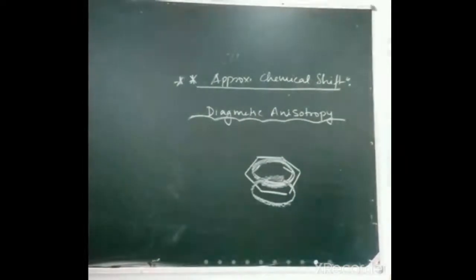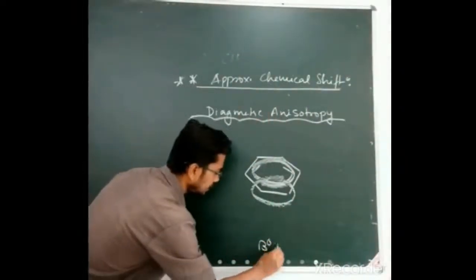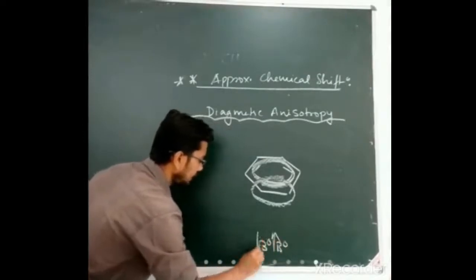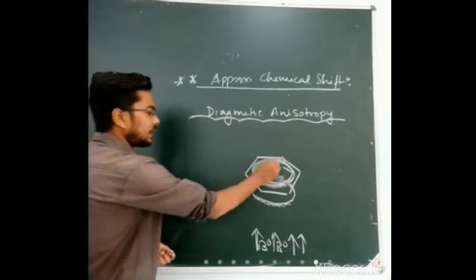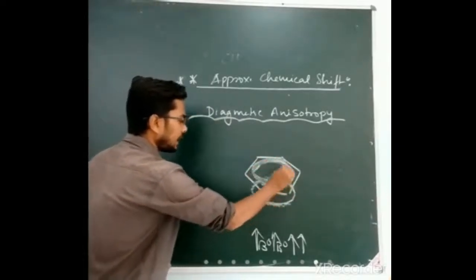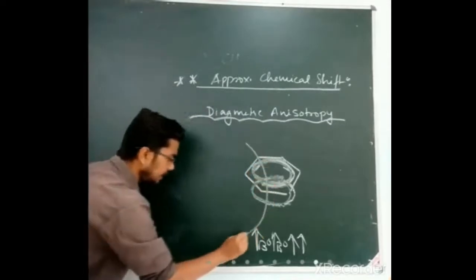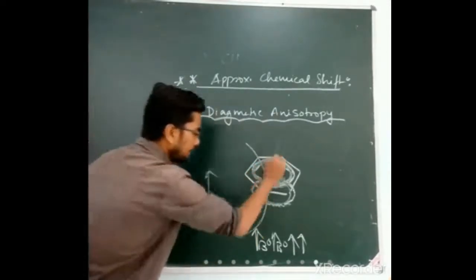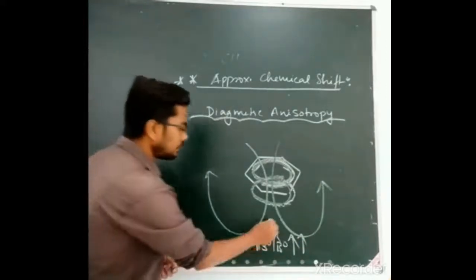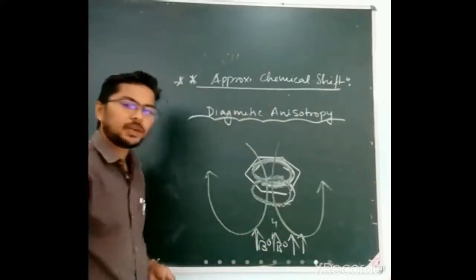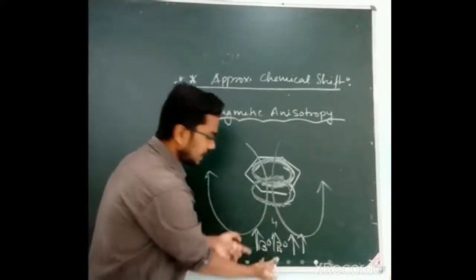So in this case, when you apply the external magnetic field B naught here in this direction, there will be a ring current generated here, and because of this current it will generate a magnetic field like this. Any proton which is present here will experience this opposing the external magnetic field.